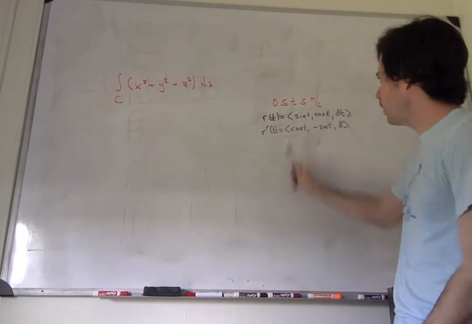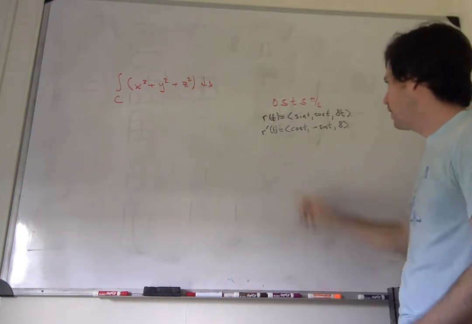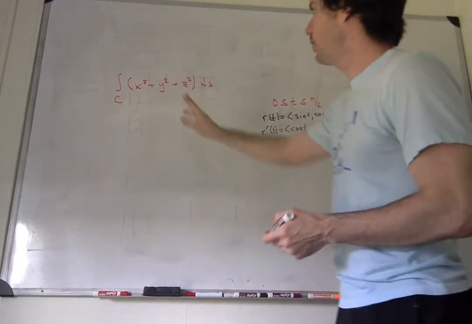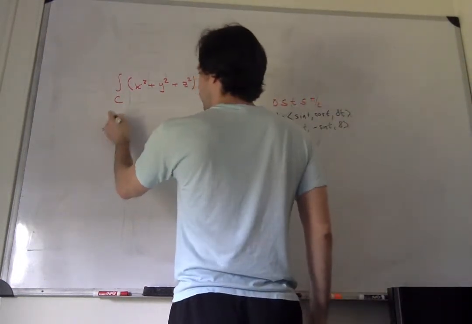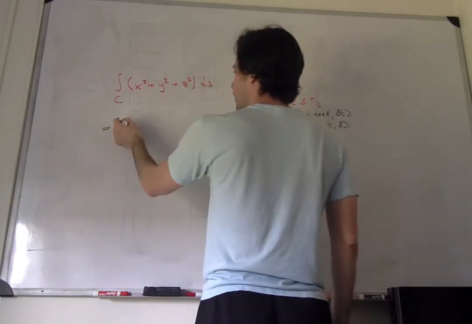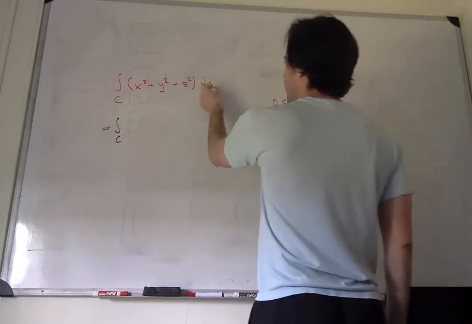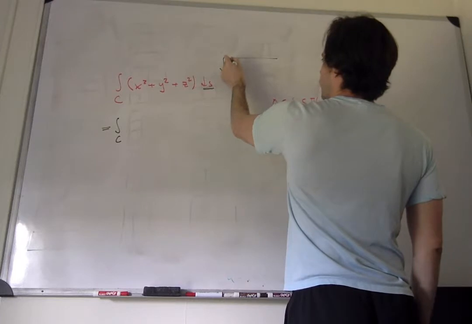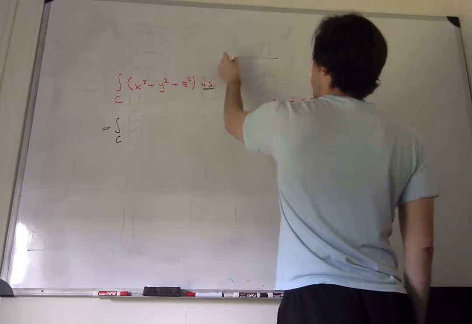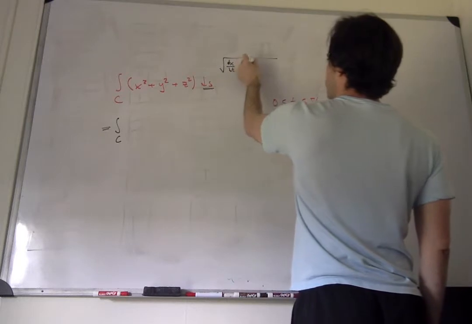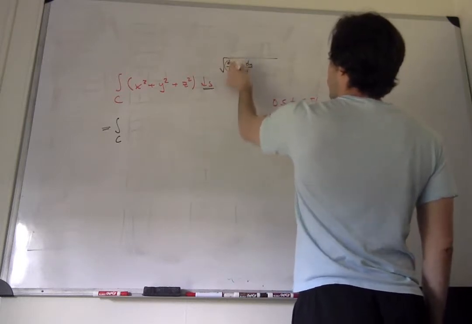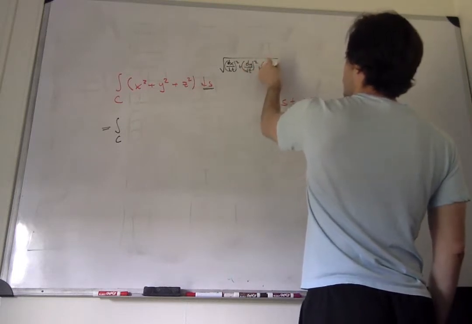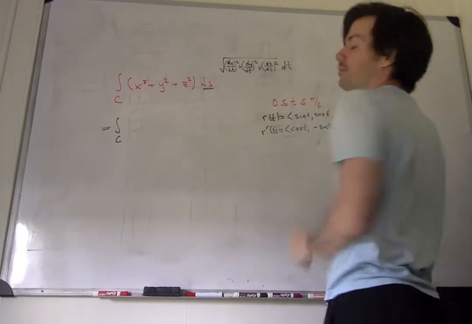So what is r(t)? r(t) is the x, y, and z positions, okay? And when we do this integration, the ds is going to be the square root of (dx/dt) squared plus (dy/dt) squared plus (dz/dt) squared, dt, right?